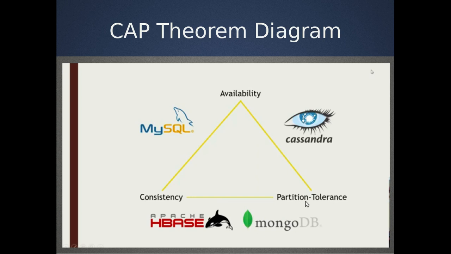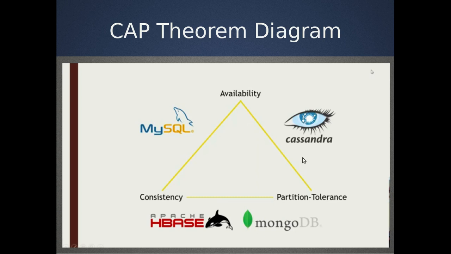Here partition tolerance is not negotiable, it's very necessary. Then the only options you have left are between consistency and availability.